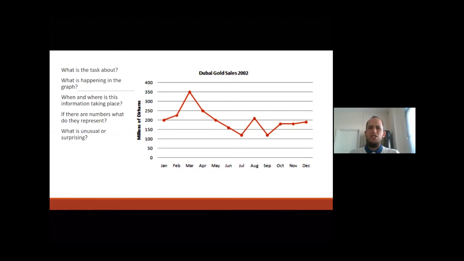when is this information taking place? It's taking place from January to December in 2002. So that is over the course of 1 year, but we're looking specifically at every single month. Now we have some other numbers on the chart, and what do those numbers represent? It's not the cost.